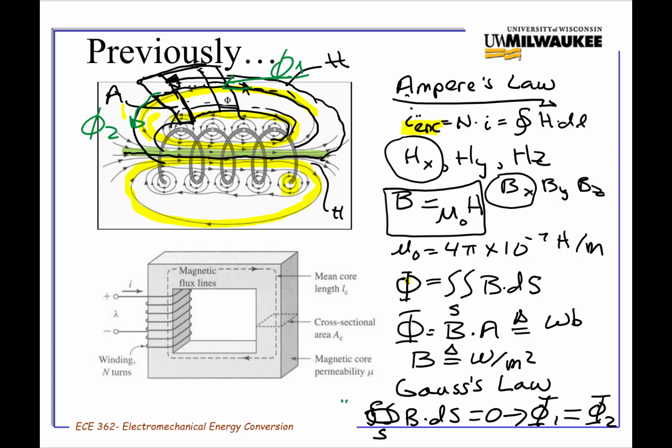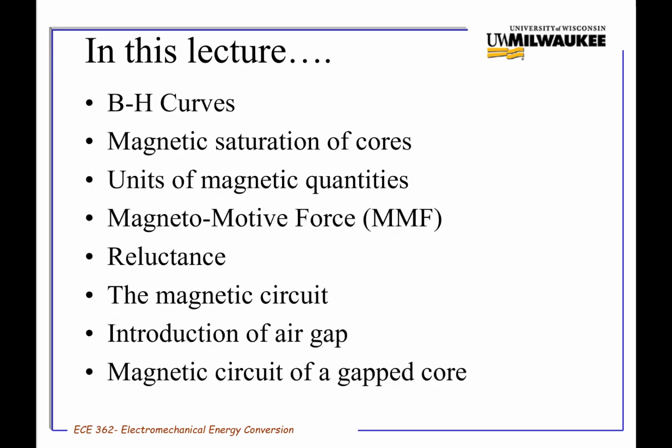Okay, so this was just a quick overview of those first two laws that we are going to be using a lot in this class. In this lecture, we will talk about BH curves, the magnetic saturation of cores, units that are used typically in magnetic quantities, both SI units and CGS units. We will talk about the concept of magnetomotive force, or MMF, what it is.